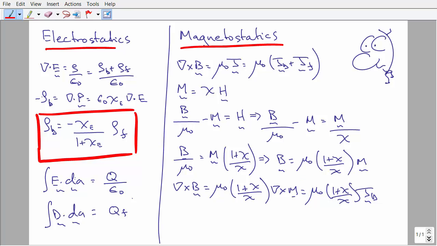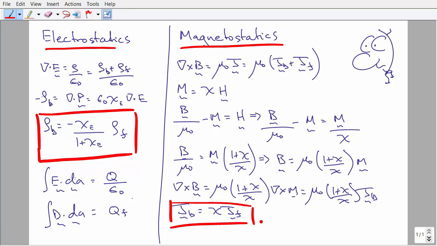You'll see that the mu naughts are going to cancel and we're going to get an equation which relates J bound to J free. Okay, so that is the relationship that you'll generate if you do that one line of mathematics.